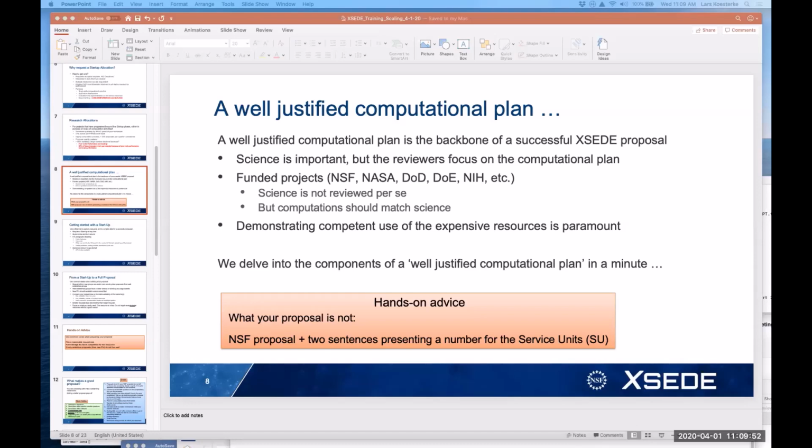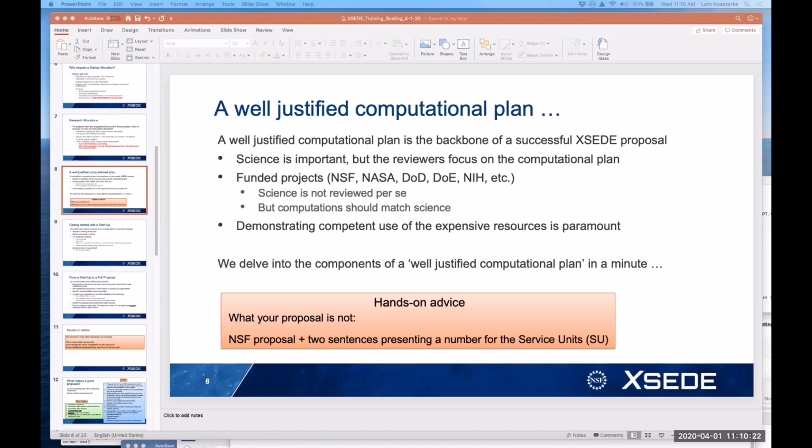In this slide deck and in this presentation, at some point we will add some specific material that addresses other areas that are important, like AI. But for now, the details that I have are just for the computational requests, but a lot of this applies to any proposal.